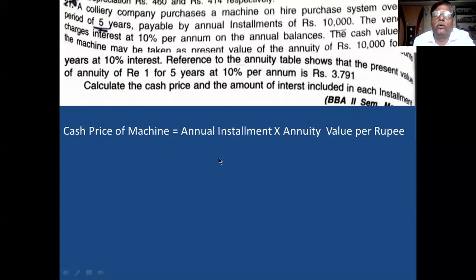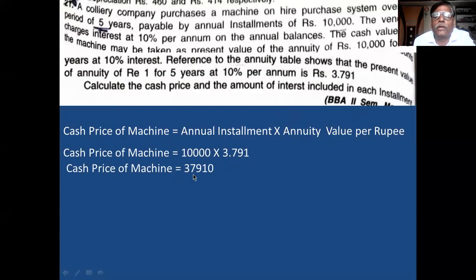The annual installment is 10,000. Multiply by the NET rate, that is 3.719. That will give you cash price. So cash price is 37,910. You take this cash price and solve the problem. After calculating this cash price, you apply the first method of calculating the interest.